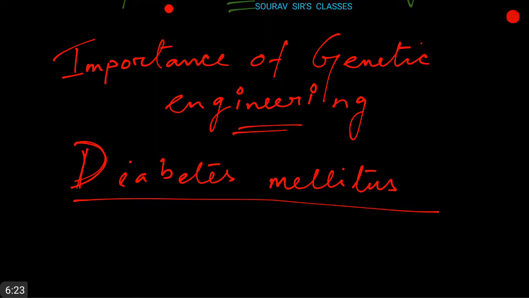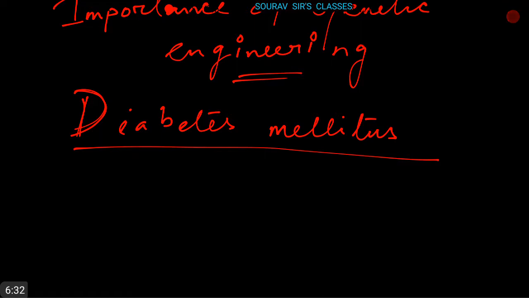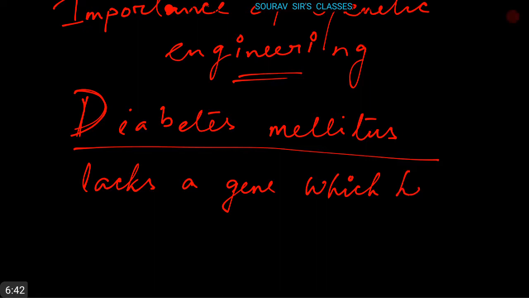A diabetic patient lacks a gene which has the information for synthesis of insulin.